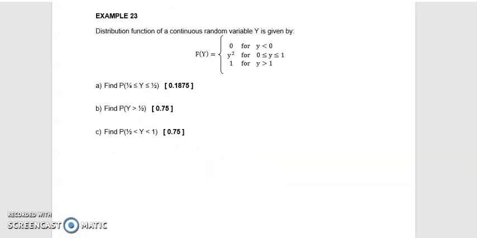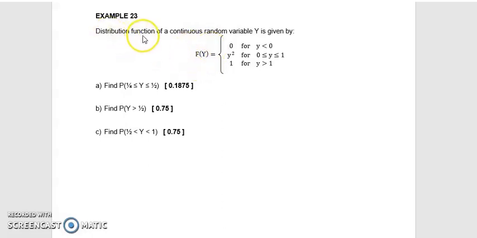Okay, now let's look at this example. The distribution function of a continuous random variable Y is given by F(y) equal to 0 for y less than 0, y square for y greater or equal to 0 but less than or equal to 1, and 1 for y greater than 1. Note here that this is the cumulative distribution function.